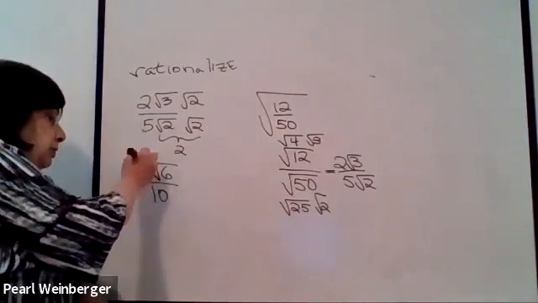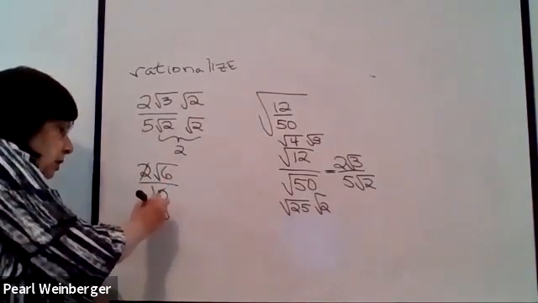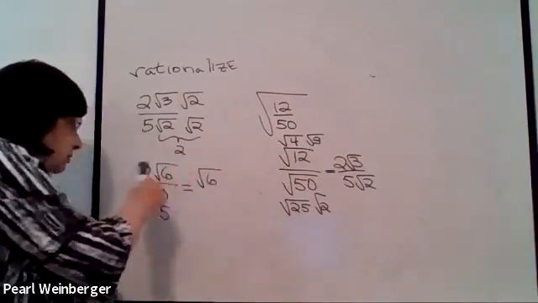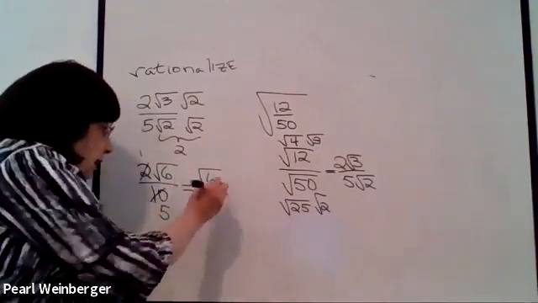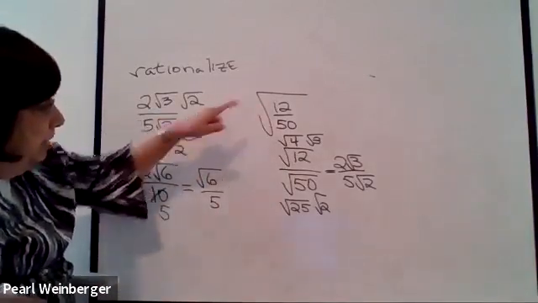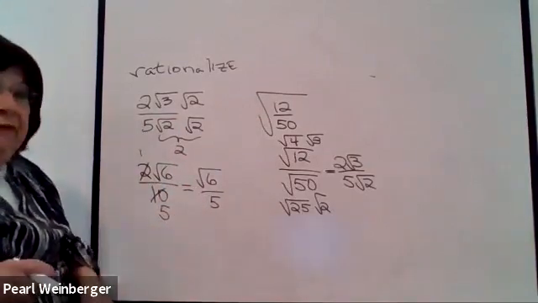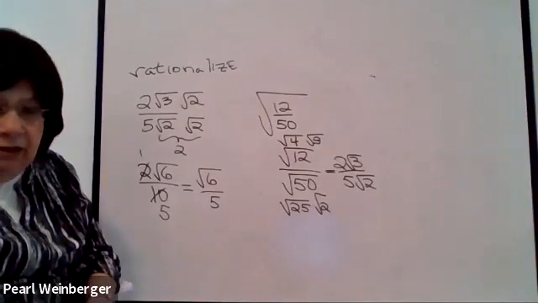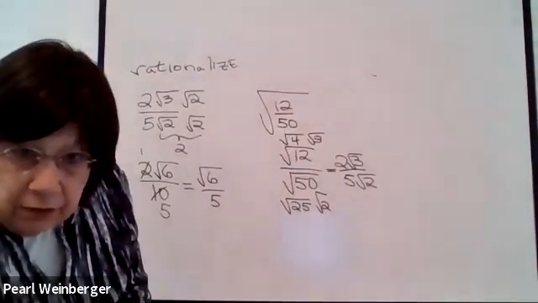So I can reduce this by dividing the top by 2 and the bottom by 2, so that my final answer turns out to be radical 6, because this is just a 1 now, over 5. So we took this radical 12 over 5 and ended up with radical 6 over 5. That is the simplest form of this example. Does anybody have a question about that?